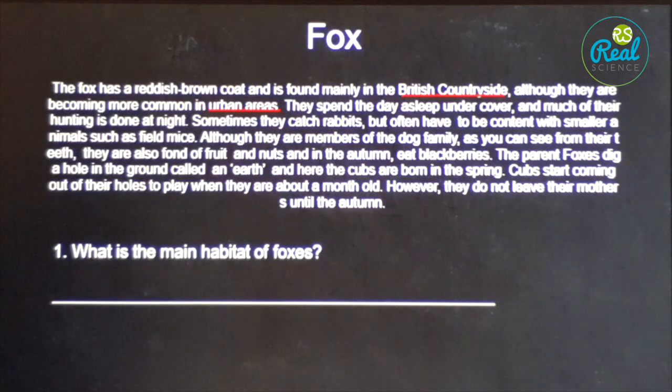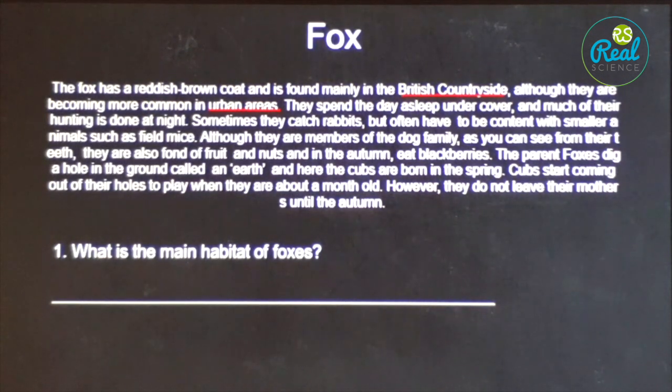Now, the question asks you, what is the main habitat of foxes? Can you give me your final answer? Urban areas.